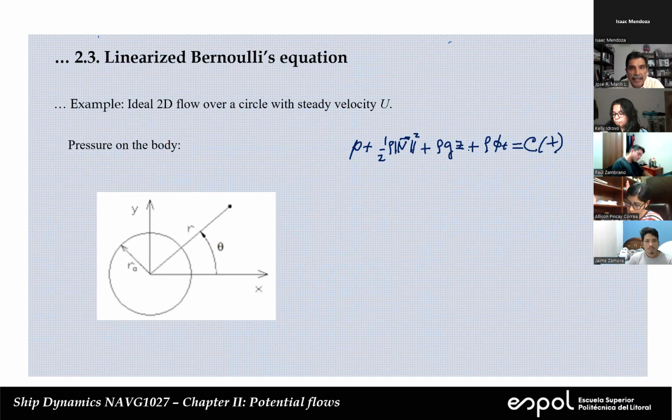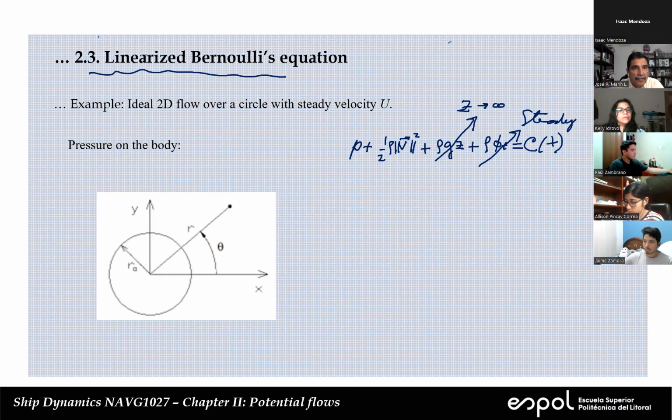Now, this is a steady problem, so no derivative with respect to time. We consider that Z is very large. So let's suppose that up here, this is a free surface and we have the reference system here.